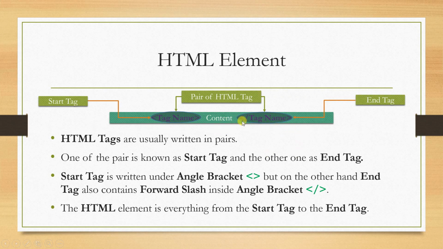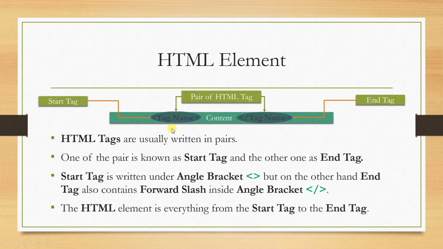We haven't discussed about the content here. Content is the thing or any media or any word written, anything which is going to be affected depends on the type of the tag used.